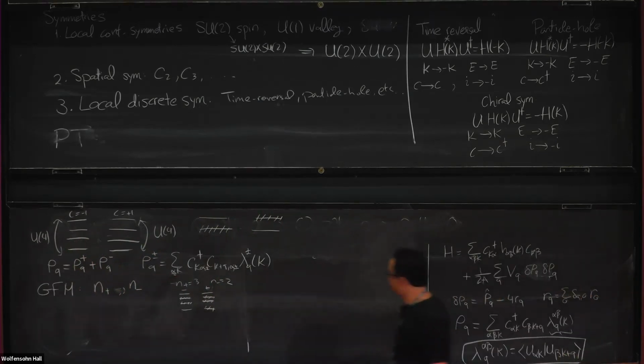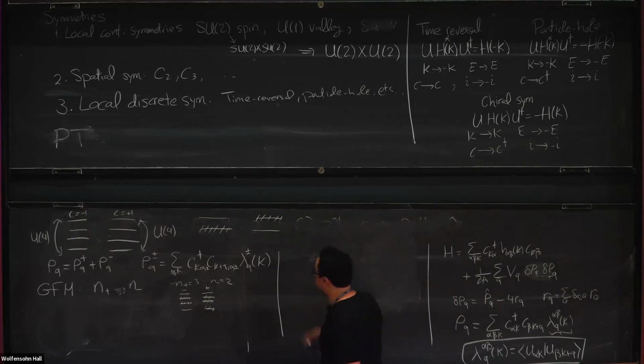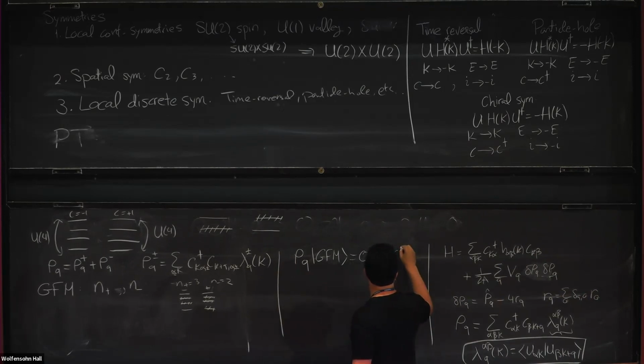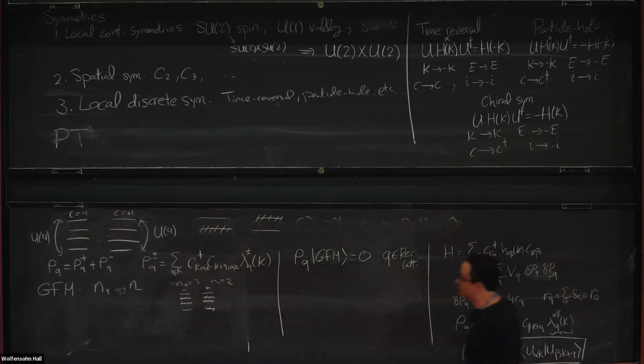Now, the main simple observation now is that for any generalized ferromagnet, rho Q equals 0 if Q is not in the reciprocal lattice. And you can see this from this expression.